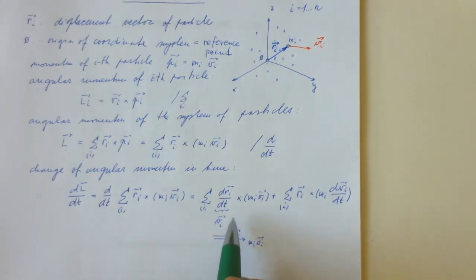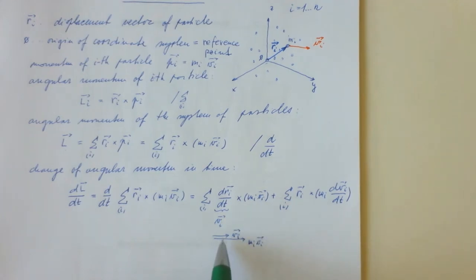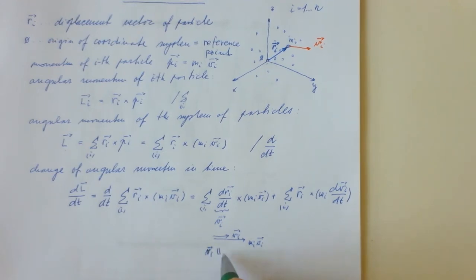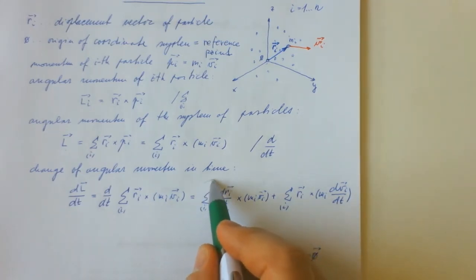So we know that the vector product of two collinear vectors is 0. So vector vi is collinear with vector mi vi, and from that follows that this product vi cross mi vi is equal to 0. Okay, so this is 0.